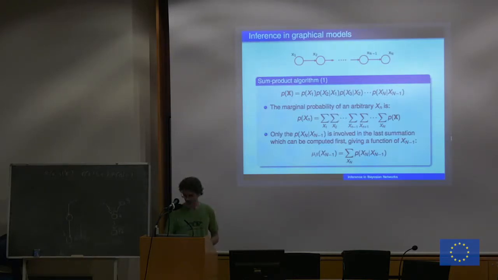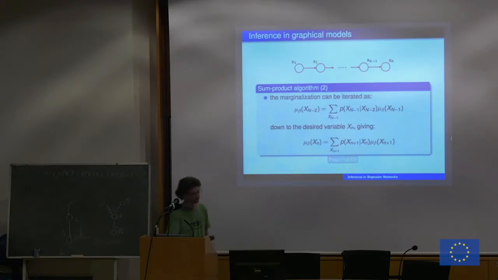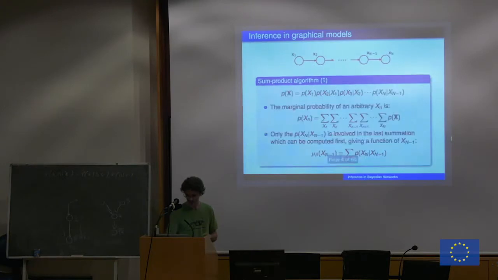Now I can apply this kind of reasoning multiple times. Now I took the sum over xn of P of xn given xn minus 1, and I replaced it with mu of xn minus 1, a function of xn minus 1.